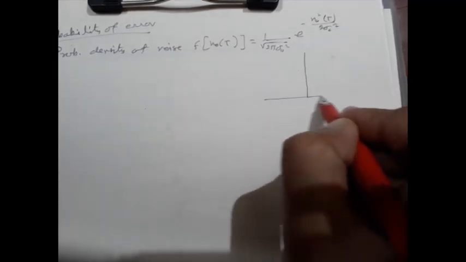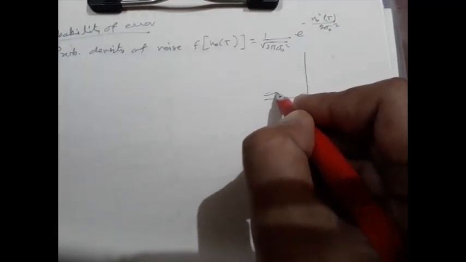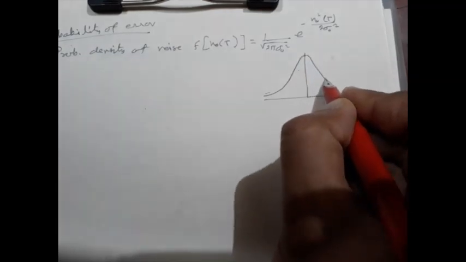So it is a conventional bell-shaped characteristic like this.